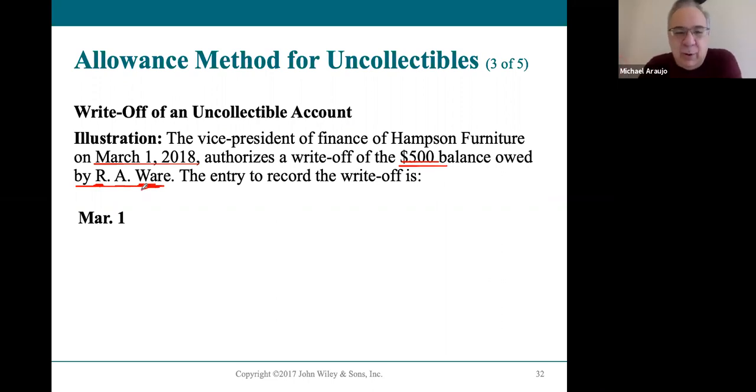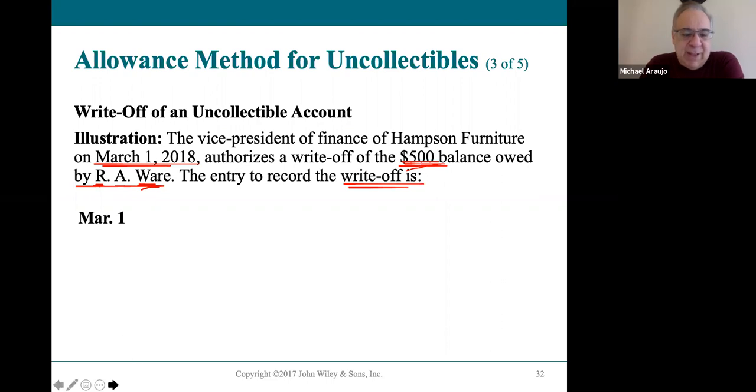Either way is fine. But on March the 1st, they have identified this client who owes them $500. This guy's not going to pay. So now they want to make an entry to take his $500 out of their receivable.